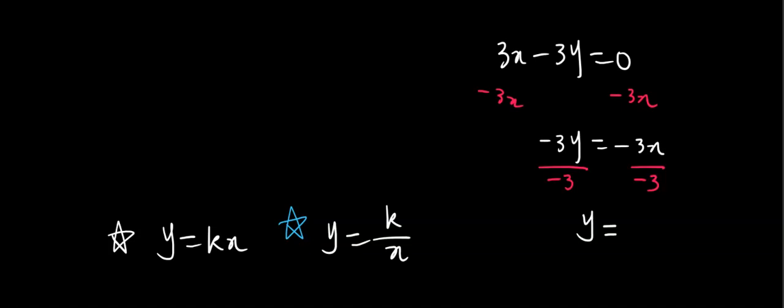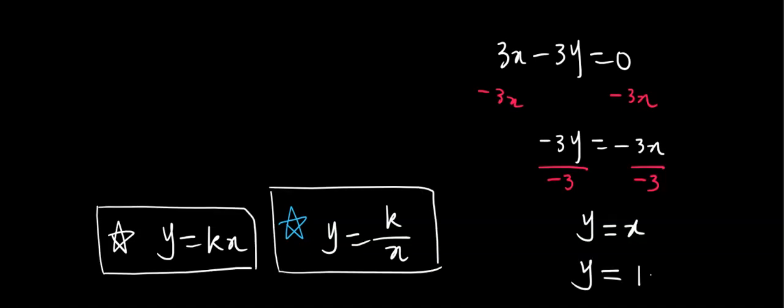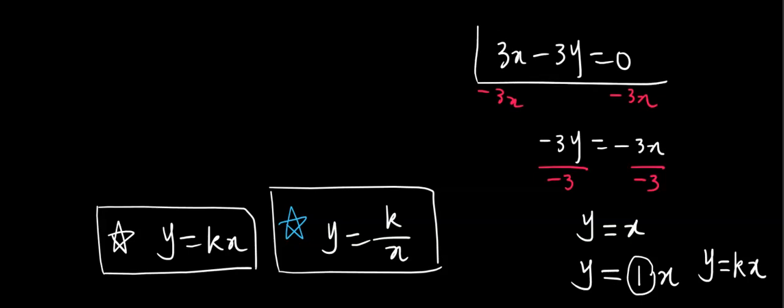We have y equals 1 times x. You don't see the 1 here, but you do know the coefficient of this x is 1. Therefore, the constant of variation is 1. Indeed, it is the y equals kx form. Therefore, this is a direct variation.